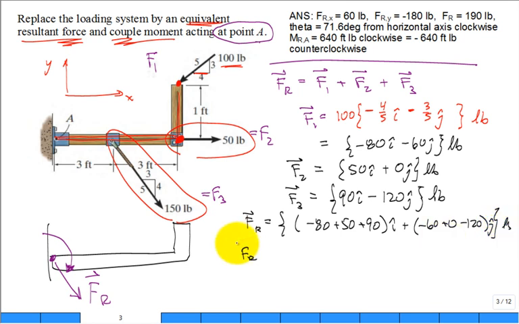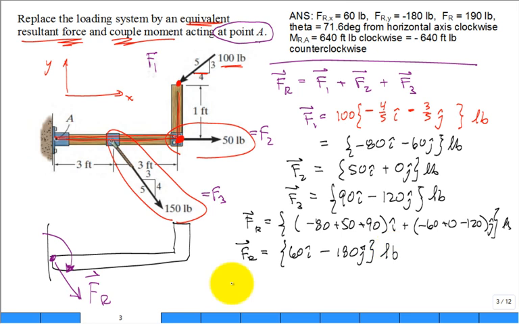So F of R has an F of Rx of, what is that, 60 in the i? And what is this, negative 180 in the j? And all units of pound.